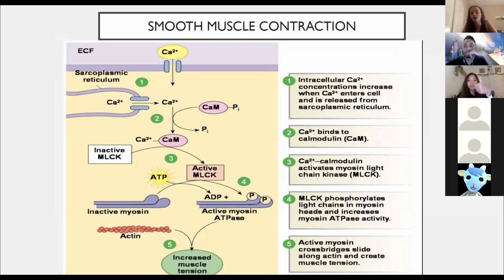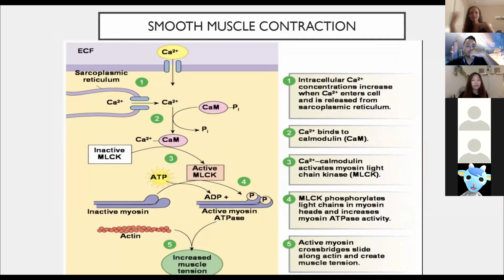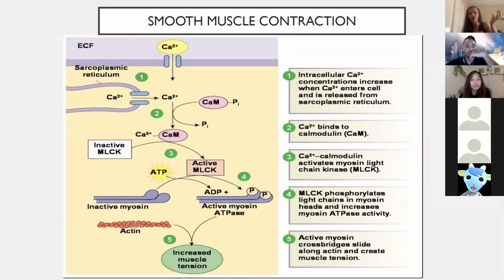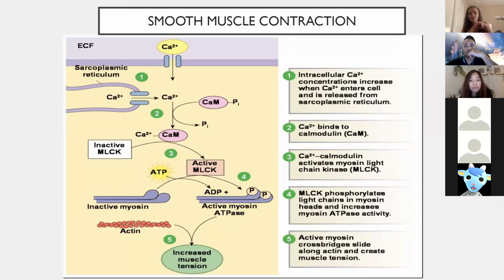Think of it as a complex. Calcium binds to calmodulin, and once that complex is formed, MLCK is able to come and do its job. Does that make sense? And we don't need to know how it enters the cell, calmodulin itself? No, you just need to know these steps and understand their order of what happens when.